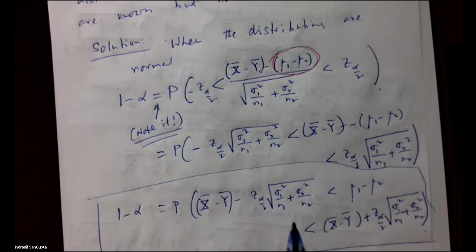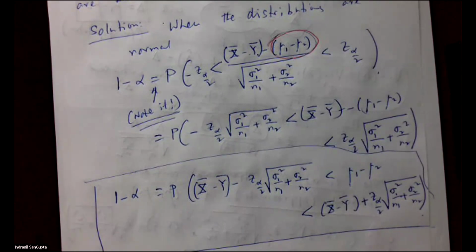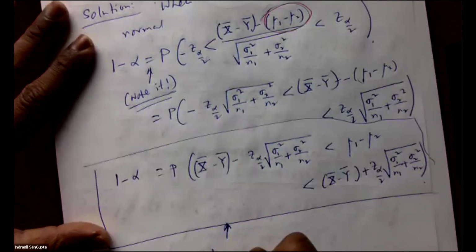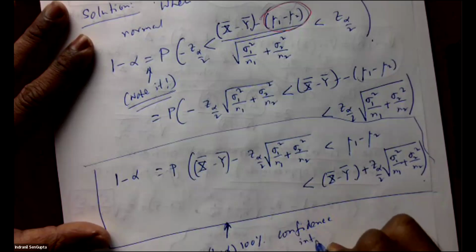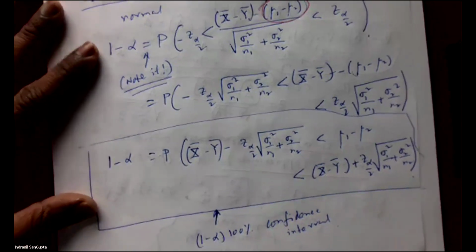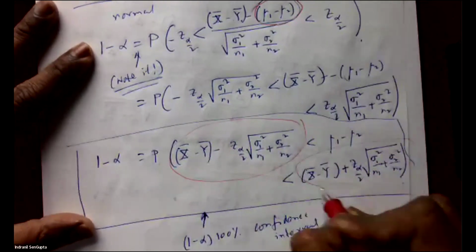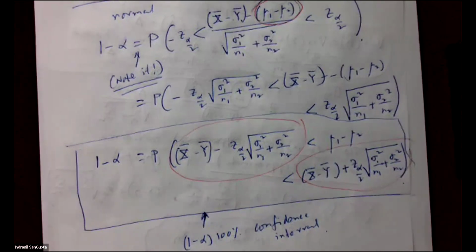The 1 minus alpha times 100% confidence interval is given by this one. By the way, what is the interval? If you want to write the interval, it's basically here to here. I'll not write it. Okay, now we have done many examples, so you know this.